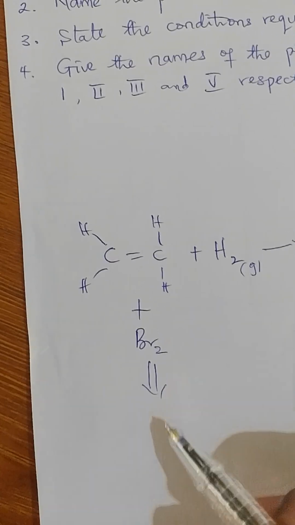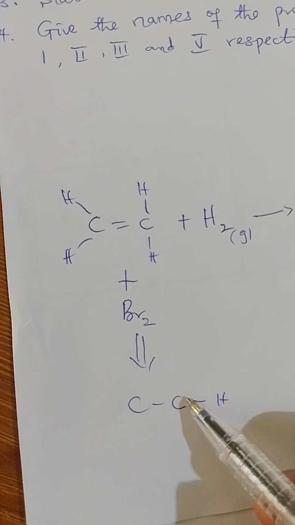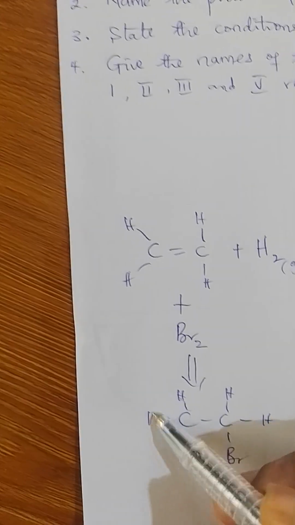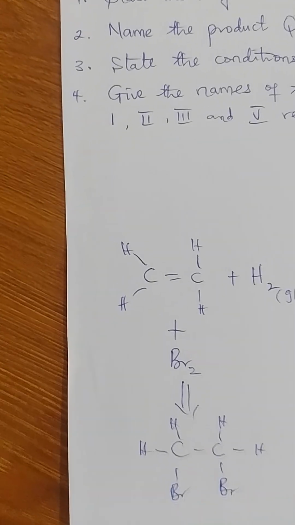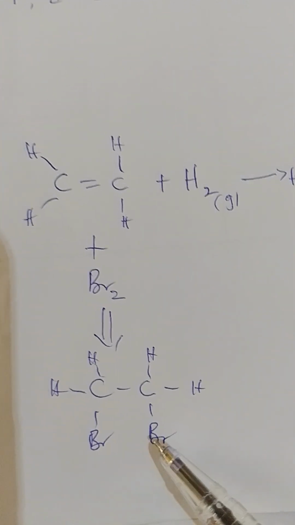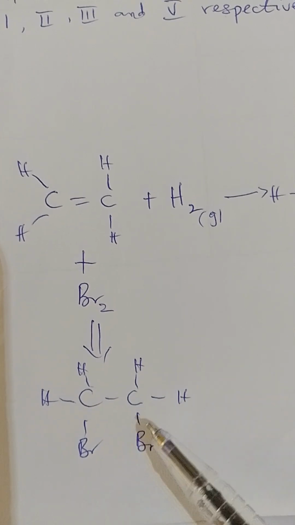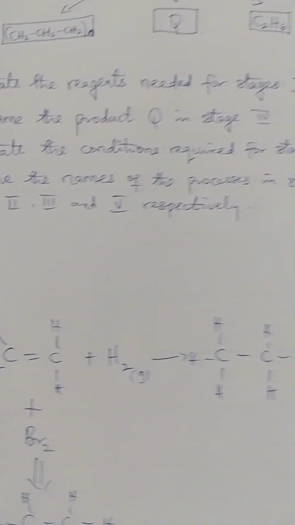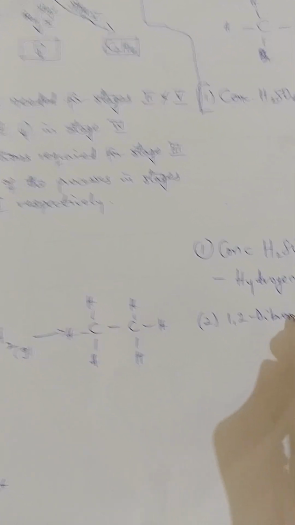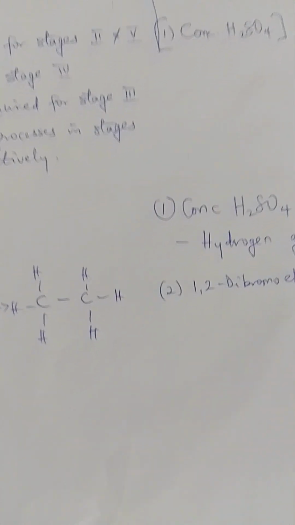So you are going to have something like this, carbon to carbon single bond, then hydrogen will be here, hydrogen, then there will be one bromine atom here, another hydrogen, another bromine atom. So now we are asked to name the product. What's the name of this product? If you look at this product, that is 1,2-dibromoethane. So the name of product Q is 1,2-dibromoethane, the one with ANE.